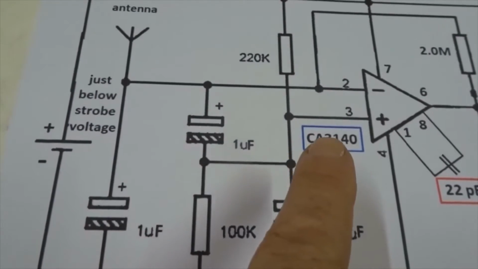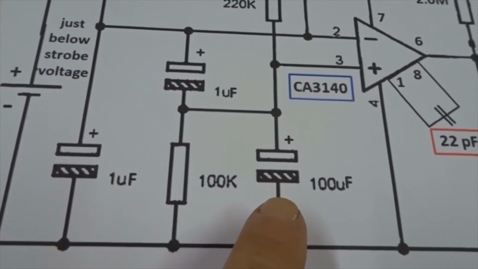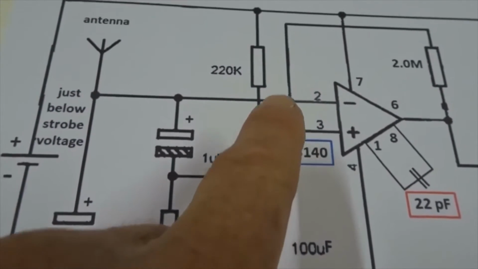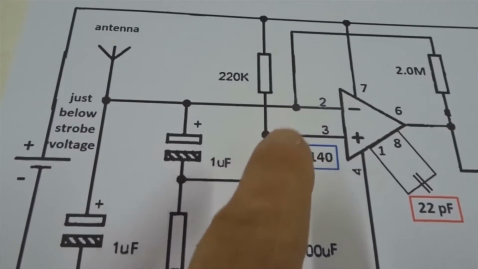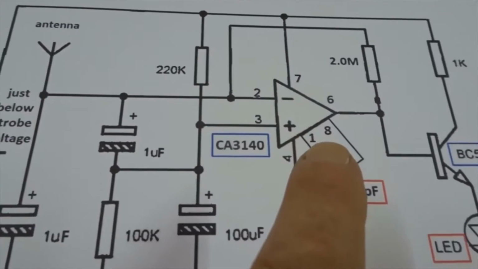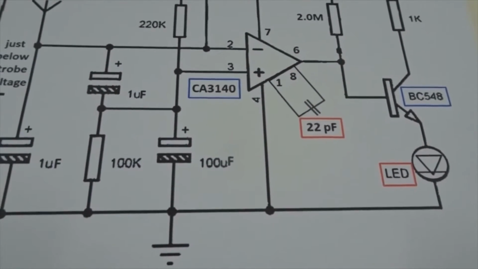Input 3 remains constant as determined by this voltage divider and another really big electrolytic capacitor. So the difference in voltage temporarily between 2 and 3 coming from the antenna gives you an output which triggers this transistor and makes the LED light up to ground.